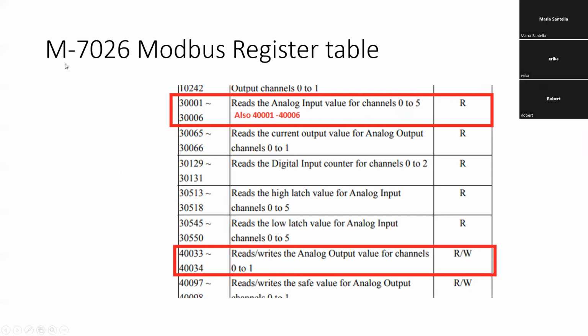And note that the registers we'll be polling are 30,001 through 30,006, and also 40,001 to 40,006, which correspond with the analog input values. The analog output values are Modbus registers 40,033 and 40,034. There are 2 analog outputs.